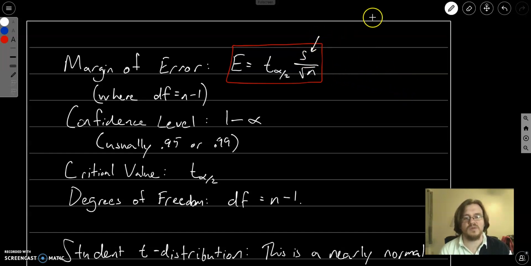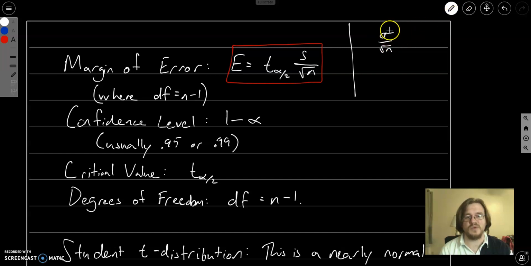And when we look at s over the square root of n, this is just like, I think it was in the previous chapter when we were looking at normal distributions, when we were looking at sample means, when they are normally distributed, their standard deviation is normally sigma over the square root of n. And this is going to be the standard deviation for sample means. However, we're trying to estimate mu, the population mean. So if we don't know mu, we probably don't know the population standard deviation.